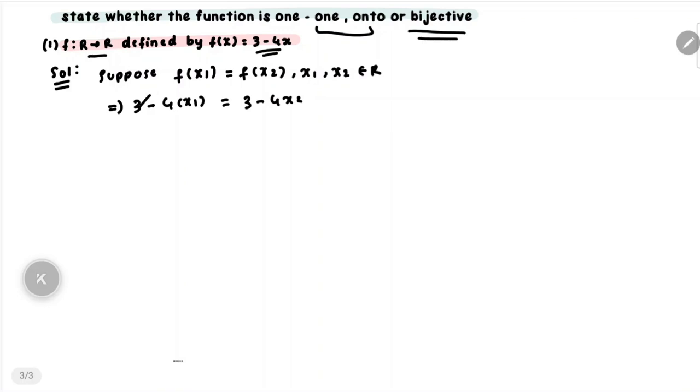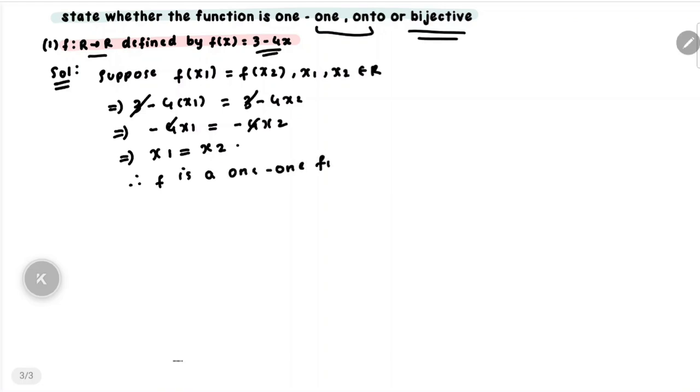Here the 3 gets cancelled, then minus 4x1 is equal to minus 4x2. Here 4 gets cancelled. You have to write the steps as they are. Don't miss the steps. So x1 is equal to x2. Therefore f is a one-one function. So we have proved that f is a one-one function.